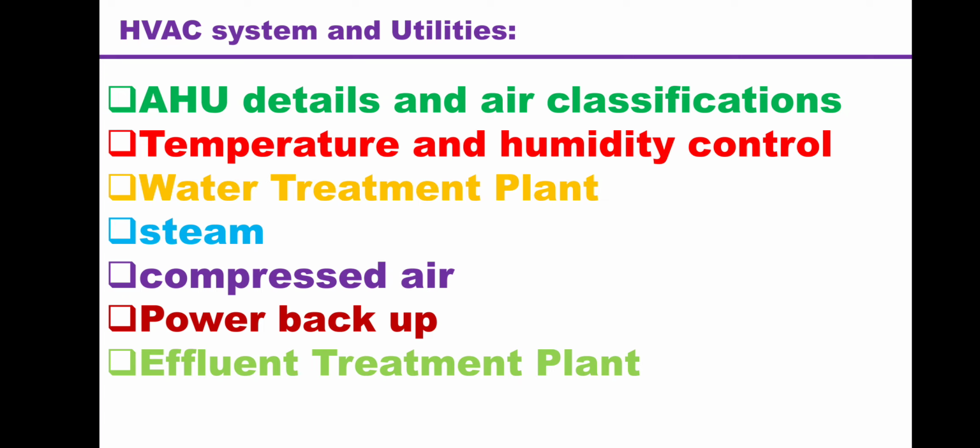For operation continuity, power backup is very important, so we have to explain in brief how we are managing the power interruption. Then effluent treatment plant is also important. It will give the picture to auditors of how we are salvaging the processed water and how we are saving our climate.